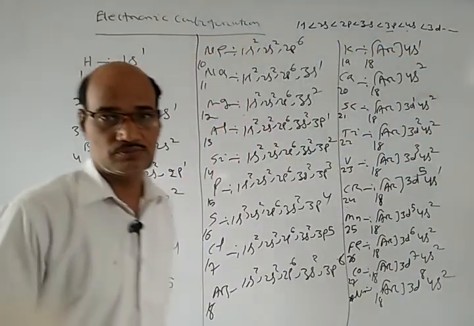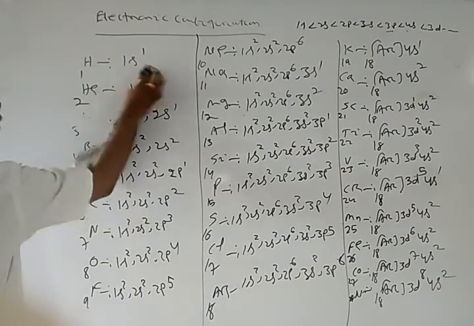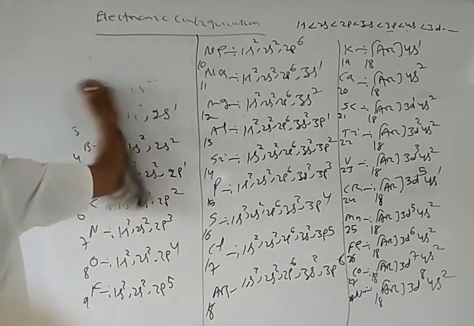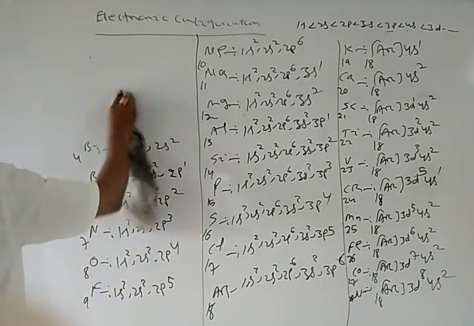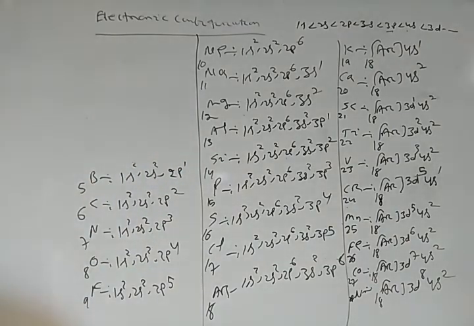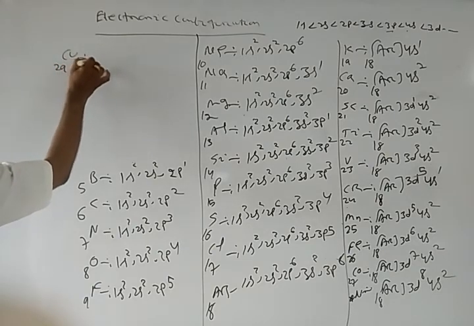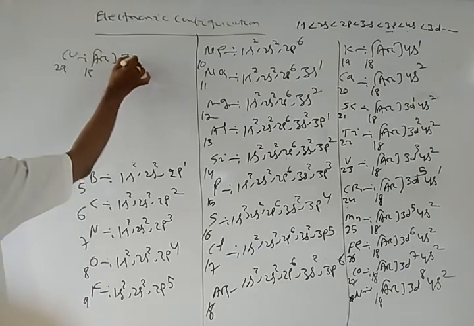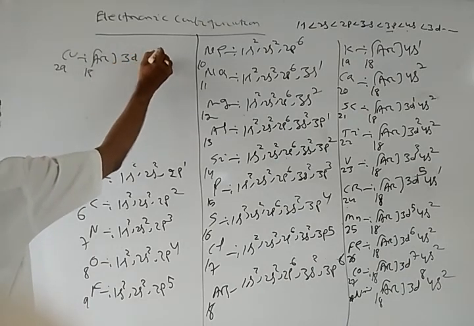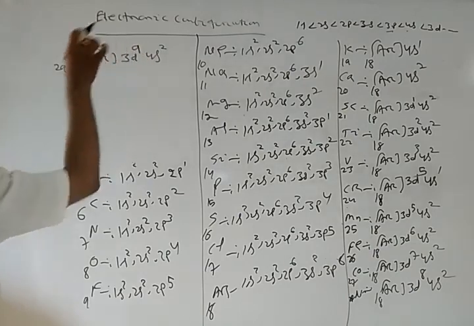Next is copper 29, argon 18, 4s2, 3d9, but actually what happens?